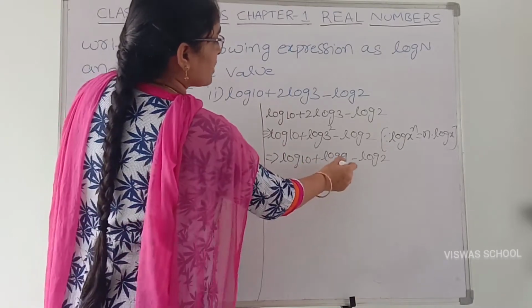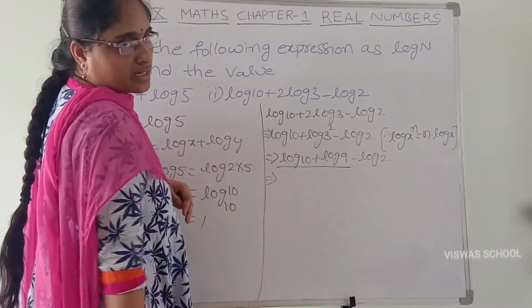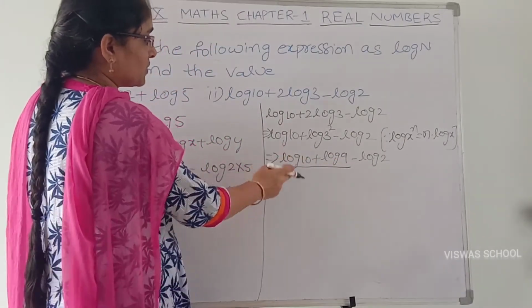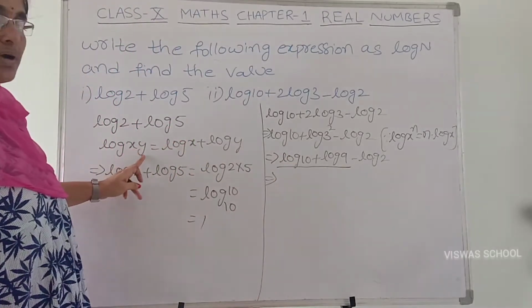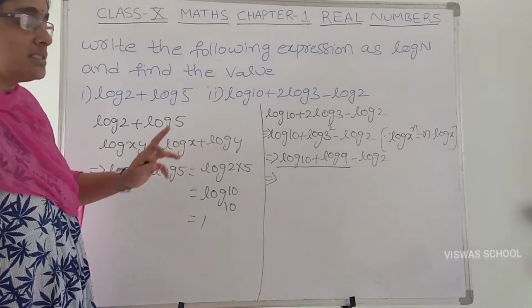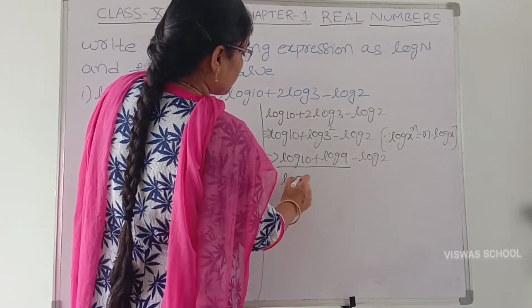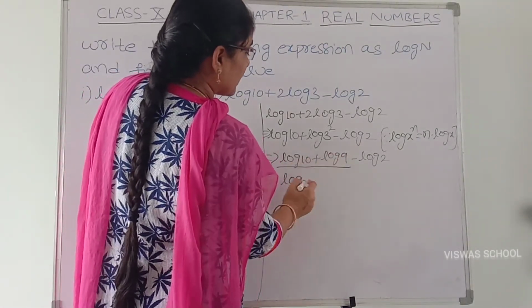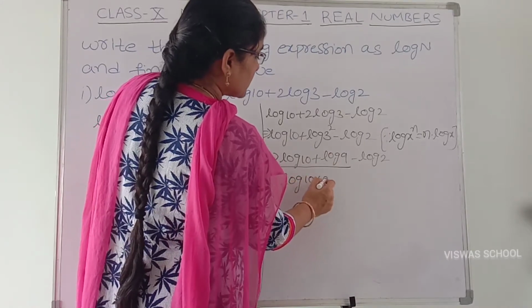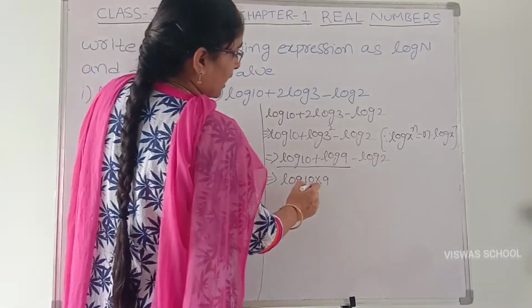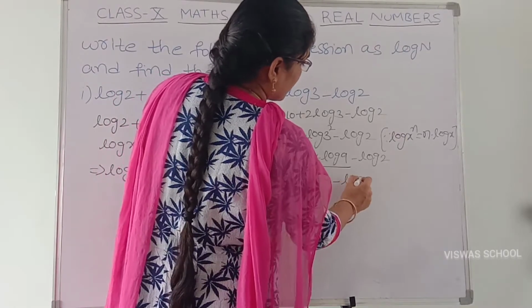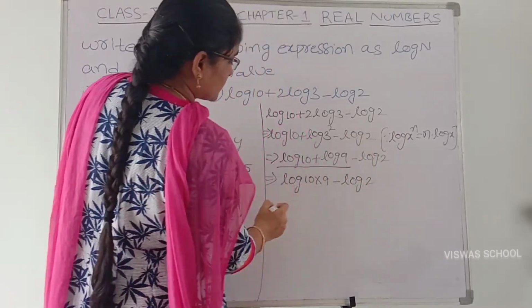Now log 10 plus log 9 is in the form of log x plus log y, which means log x into y. That is log 10 into 9, minus log 2 as it is.